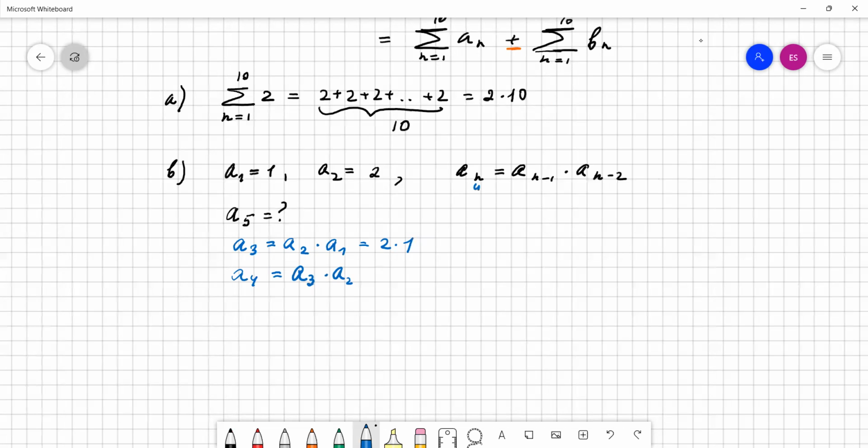If this is 4, then 4 minus 1 is 3, and 4 minus 2 is 2. a3 is equal to 2 by 1, and a2 is just 2, right? That's my a4. And a5 is going to be a4 by a3, which is going to be 2 by 1 by 2. I'm copying this one over here. It's a4, right? And a3 is 2 by 1.